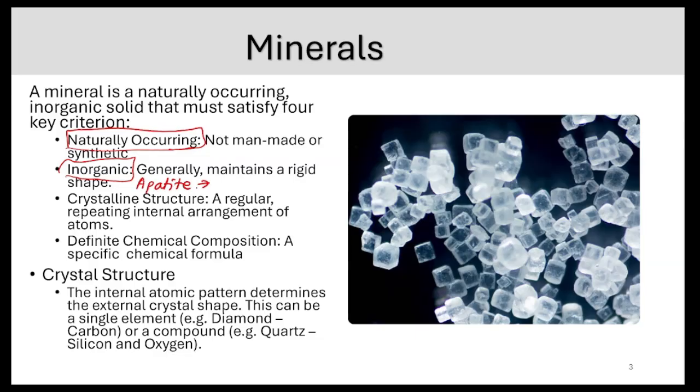Apatite is a mineral that is made up of materials similar to materials that are found in bones. However, in general, minerals are made up of inorganic materials, and they are generally rigid and solid in shape.